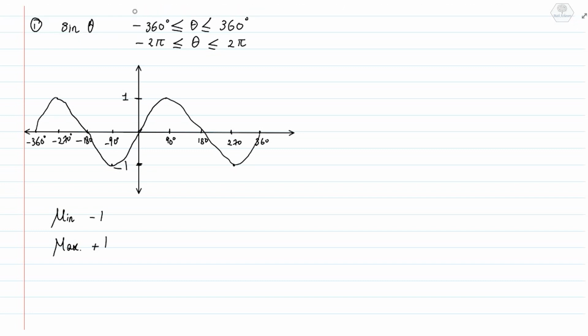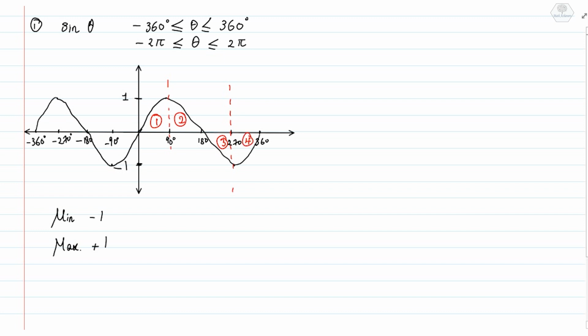Let's check our quadrants. From 0 to 90 is the first quadrant. This is the second quadrant. And 180 to 270 is the third quadrant. And from 270 to 360 is the fourth quadrant.